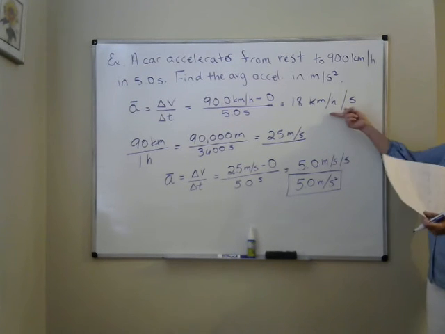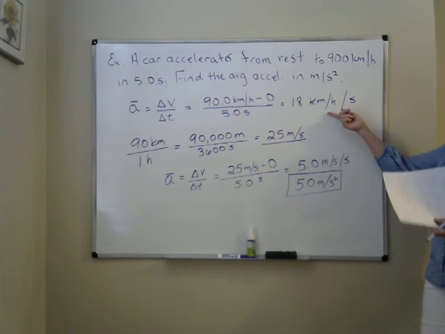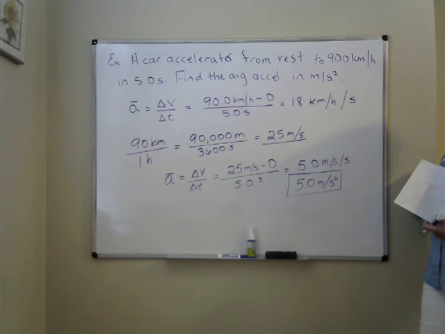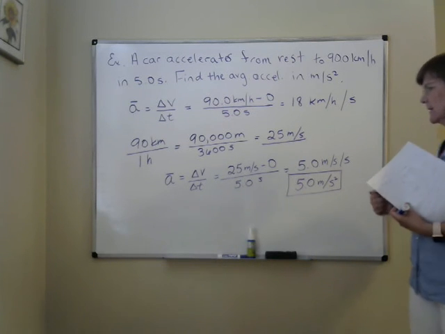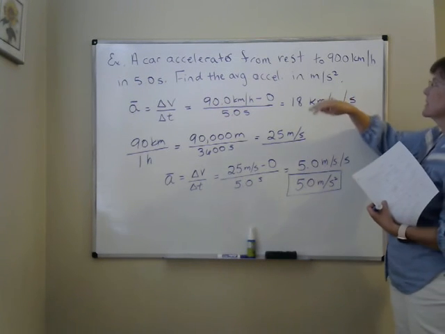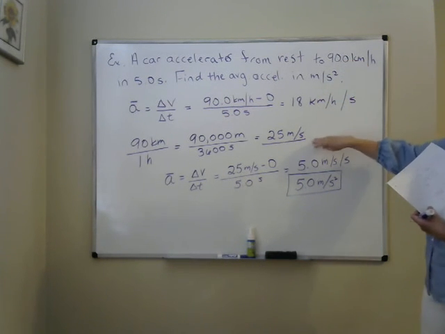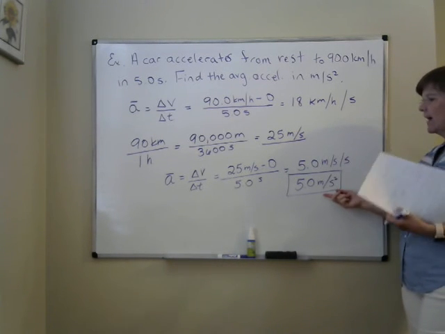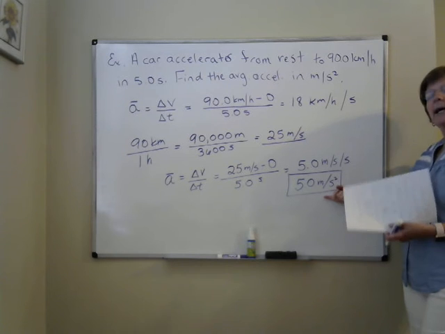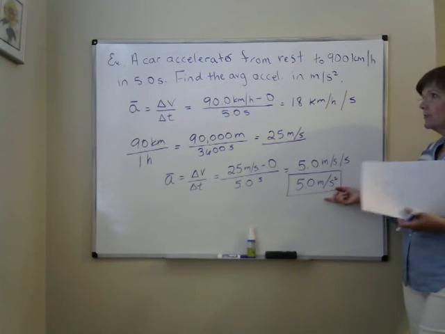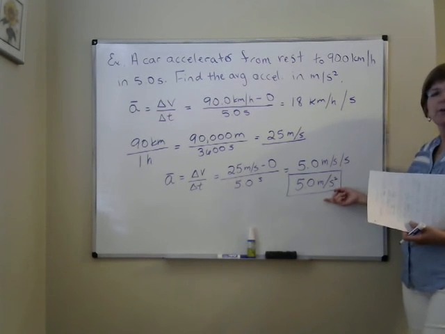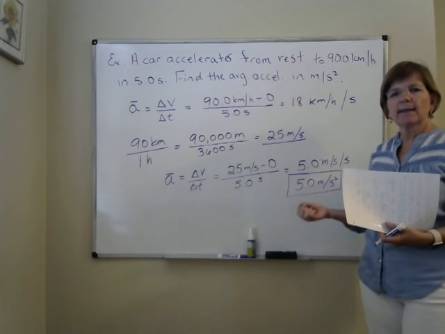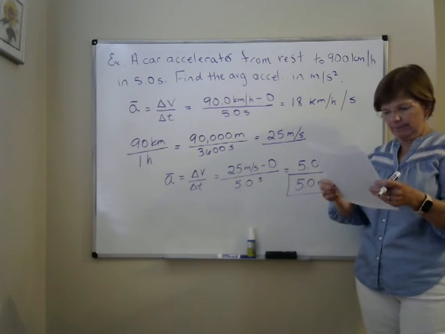This is an actual measurement of acceleration. 18 kilometers per hour per second is great. It's just not the units we were asked to provide. It's more traditional to stick to meters and seconds. So by changing this 90 kilometers per hour to 25 meters per second, we can see that our average acceleration is 5 meters per second squared. Again, that's just an average over that 5 second period. We don't know for sure anything that's going on in the middle there.